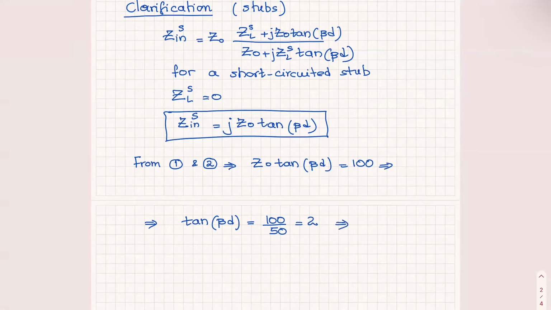And beta D, therefore, has to be the inverse tangent of 2, which, according to my calculator, inverse tangent of 2 in degrees is 63 degrees.